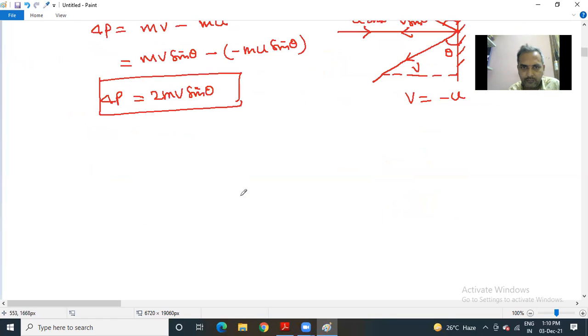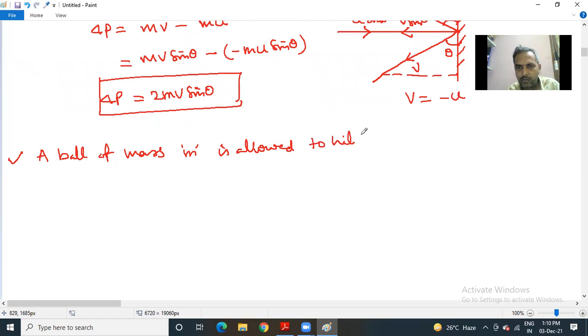Next, this is one of the applications. Let us move to the next application. A ball of mass m is allowed to fall and hit the ground, dropped from a height h1.